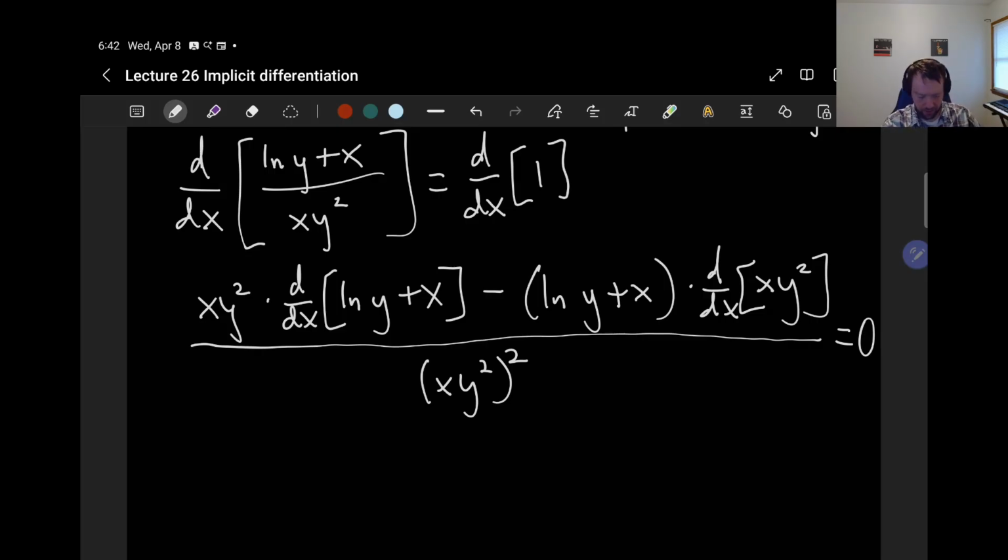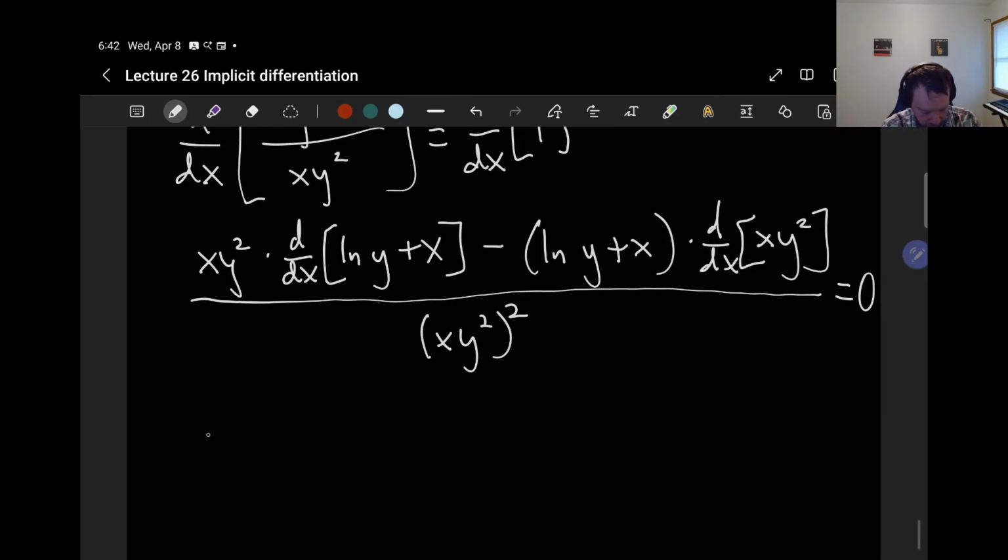Now let's calculate some of those derivatives that we left. So first up, this ln of y, I'm taking the derivative with respect to x. Well, y does depend on x, so something happens here.